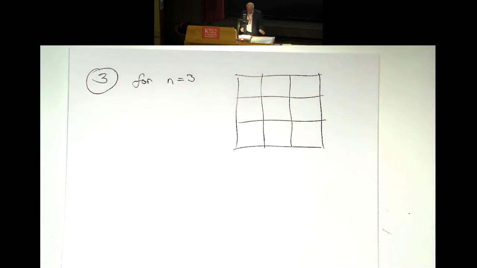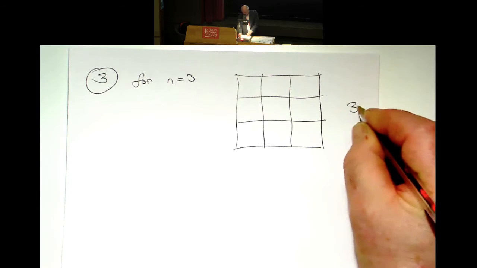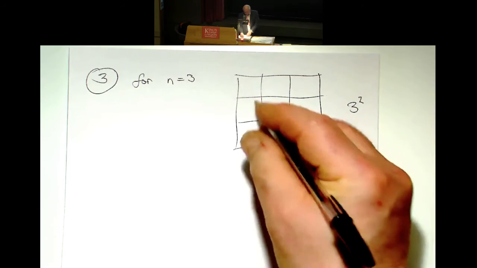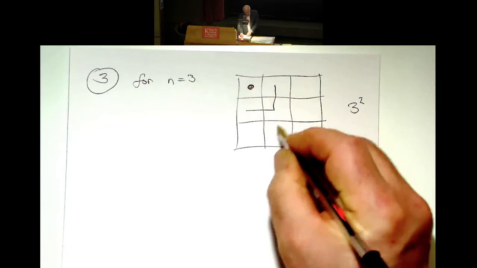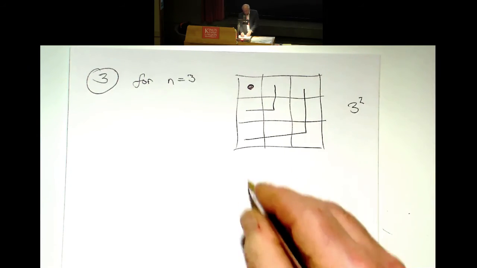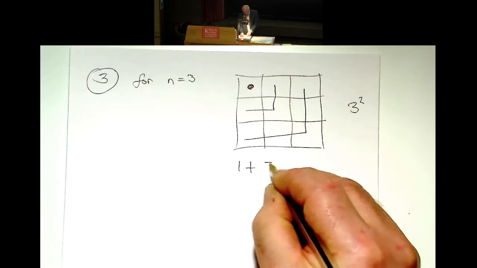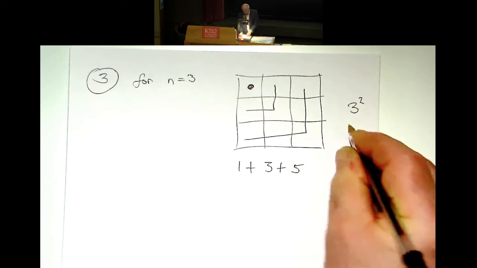And that is, of course, 9 little squares. And you see, I can divide it like this. There's 1 plus 3 plus 5. So this picture is illustrating that 1 plus 3 plus 5 is equal to 3 squared.